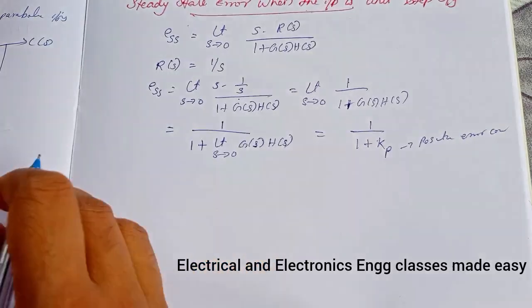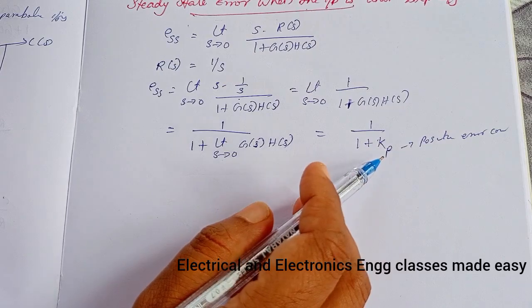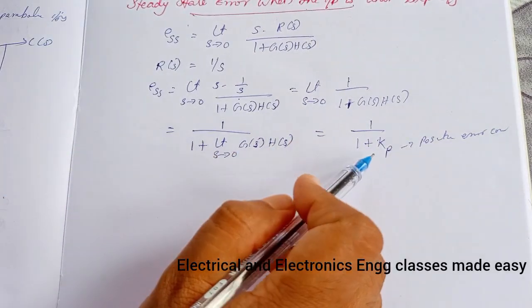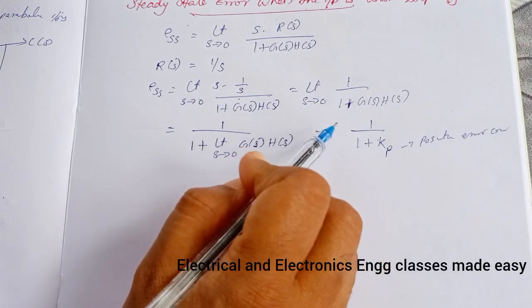Then let us check the value of this positional error constant for different type systems.